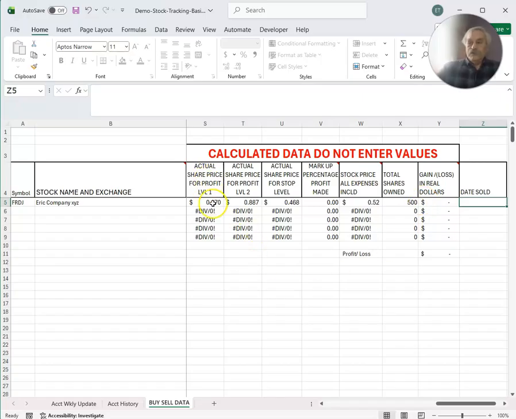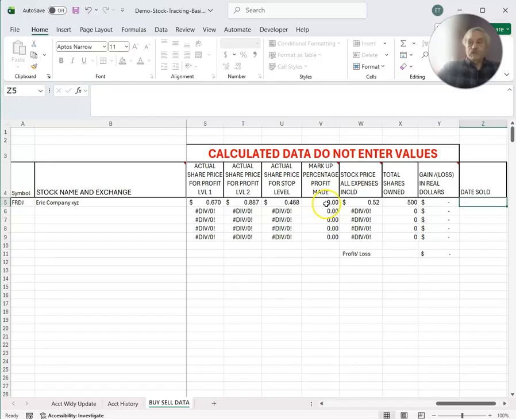So if you want to make 20% on your purchase, which also includes your buy and sell commission costs, you're going to sell for 67 cents a share. If you want 40%, you're going to sell for 89 cents a share. And if they drop below 47 cents, you should probably get out.